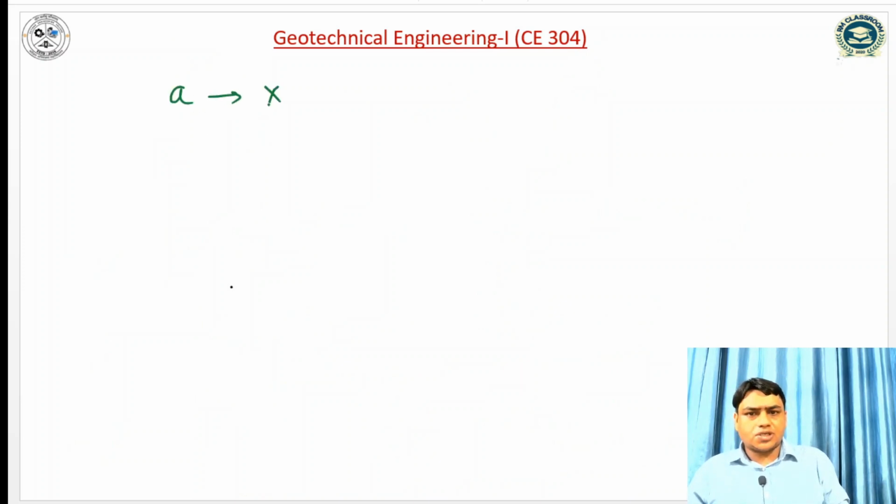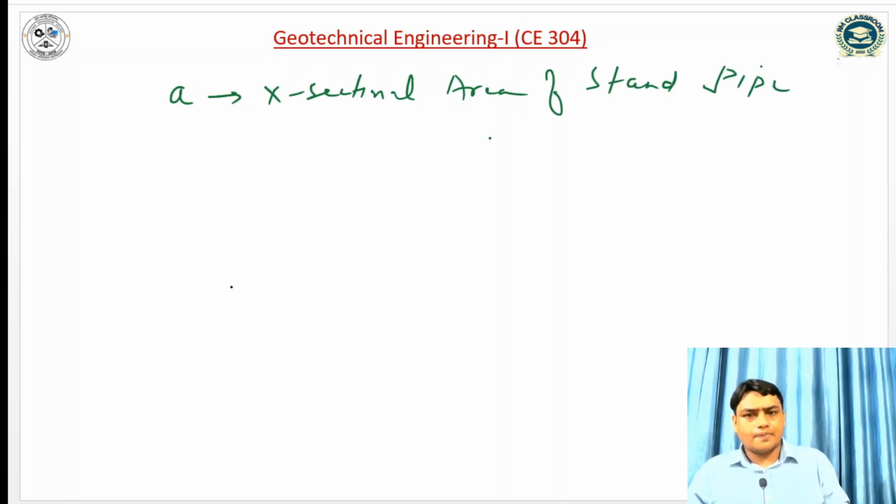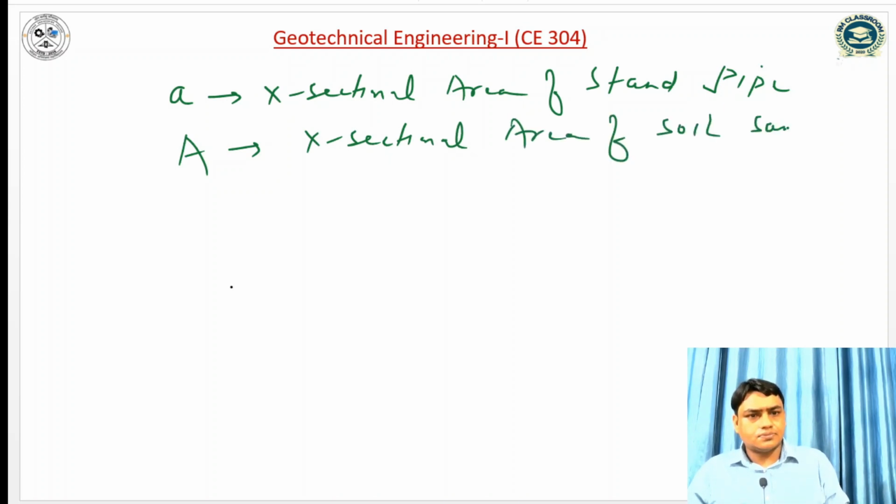small a is the cross-sectional area of the standpipe. A is the cross-sectional area of soil sample.